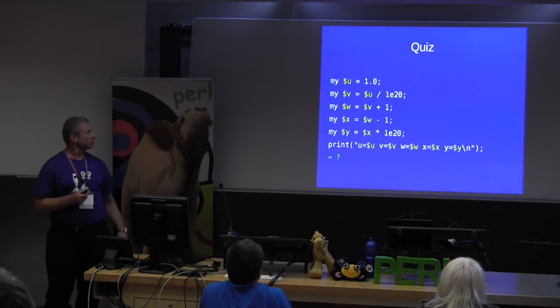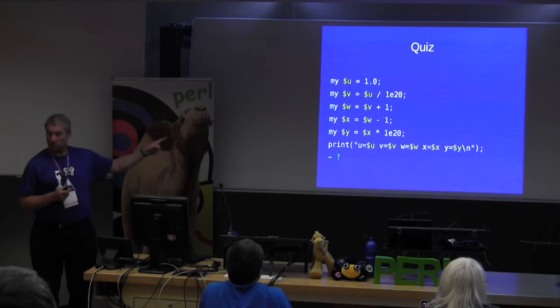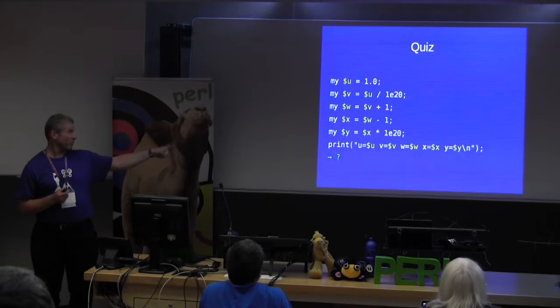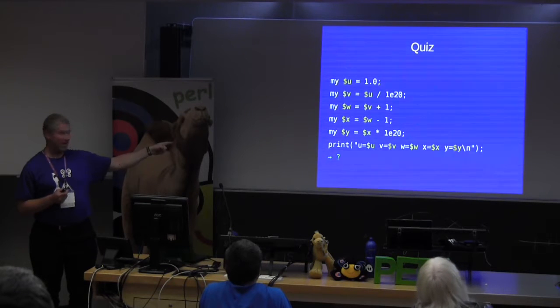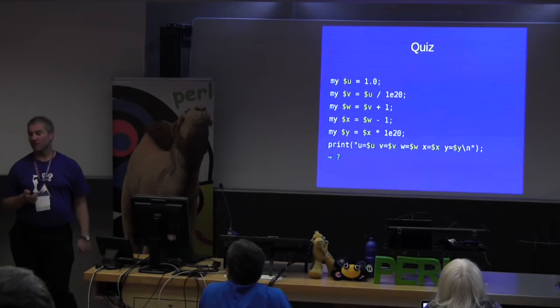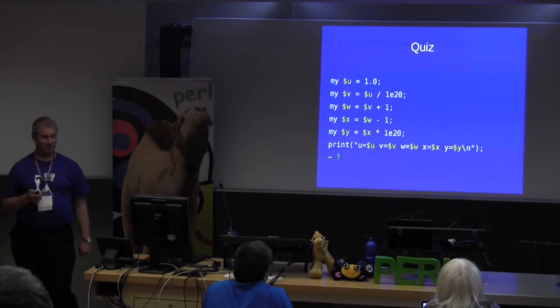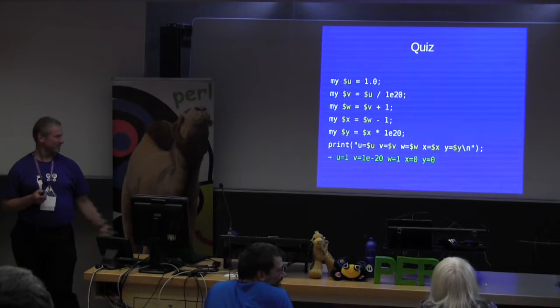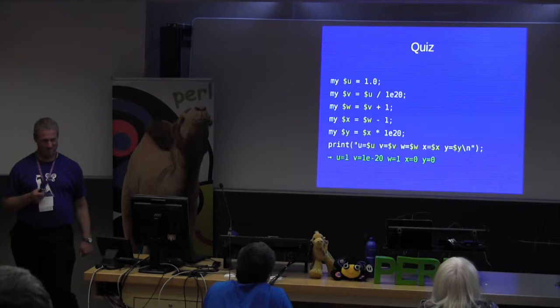We take a 1, then we divide it by something, then we add 1, subtract 1 again, then we multiply by something, yeah? And then we get something. What do you think we get? Zero, yeah? Of course.